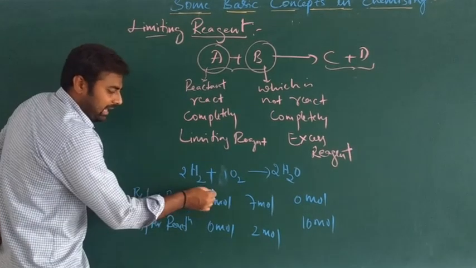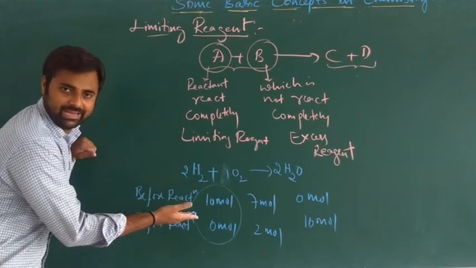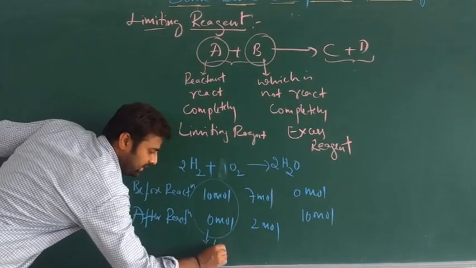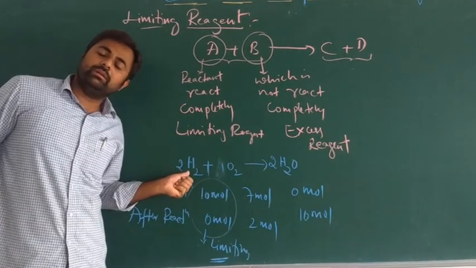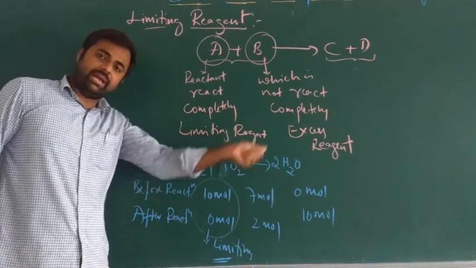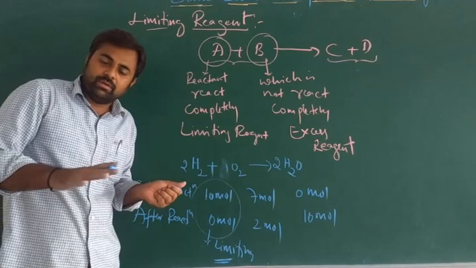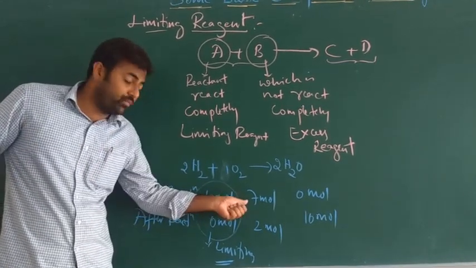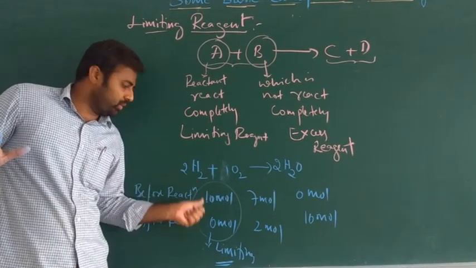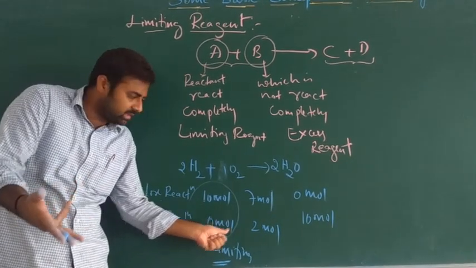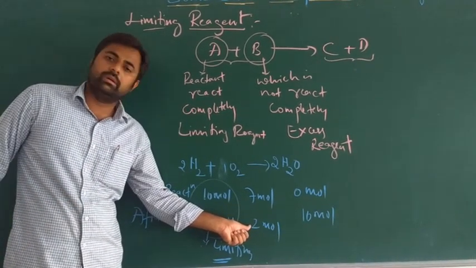Because hydrogen reacts completely in the reaction, it is considered the limiting reagent. Hydrogen is the limiting reagent in this reaction. Oxygen is the excess reagent. The reaction stops after consumption of 5 moles of oxygen, and no further hydrogen is left to react with the unreacted 2 moles of oxygen to give the product.